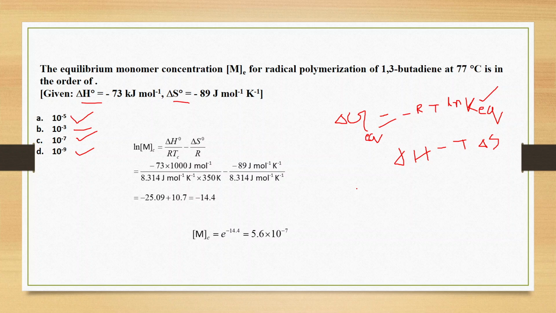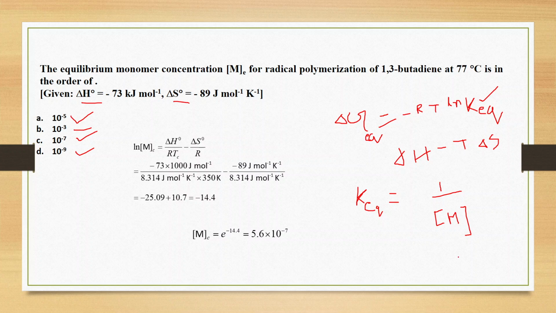Once you get the equilibrium constant value, K equilibrium is equal to 1 by monomer concentration. Just the normal thermodynamic equations: delta G is equal to minus RT ln K, and delta G is equal to delta H minus T delta S. So you can easily calculate K equilibrium, but you have to go back to the slides where it was discussed that K equilibrium is equal to 1 by monomer concentration.